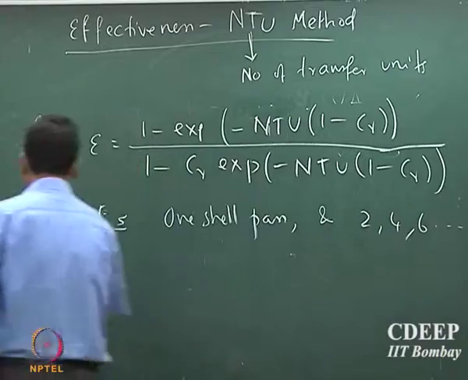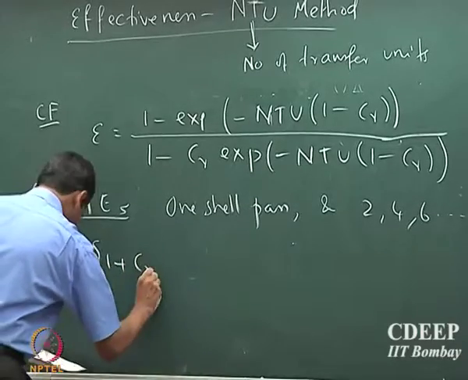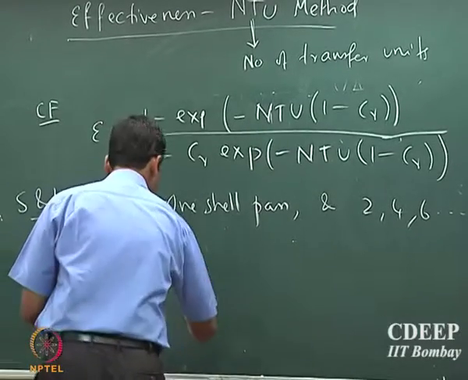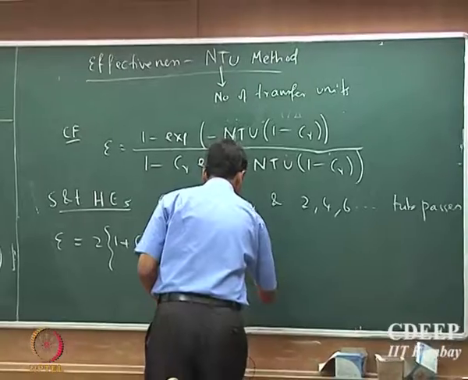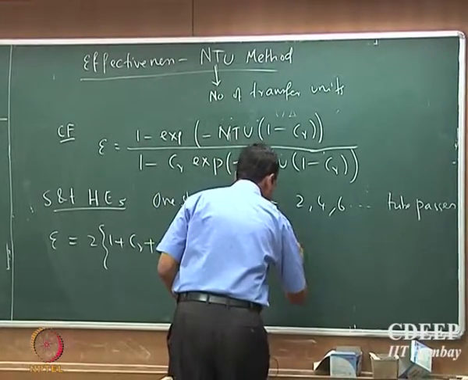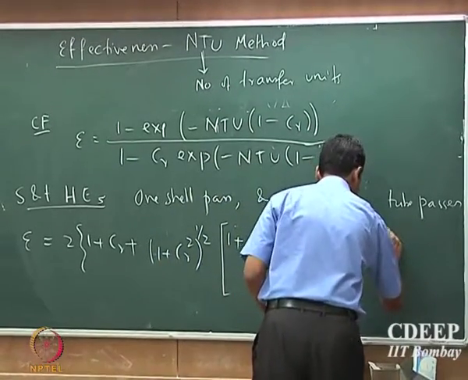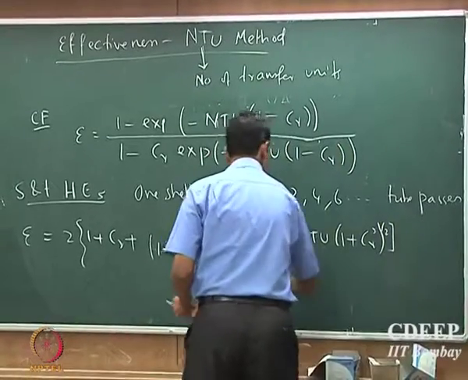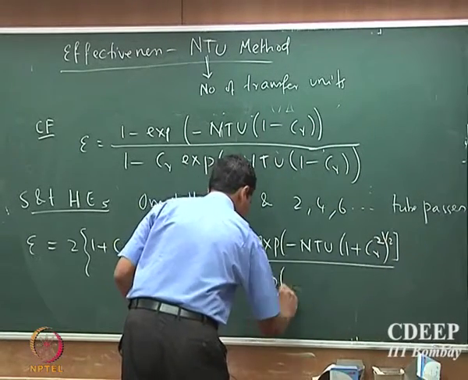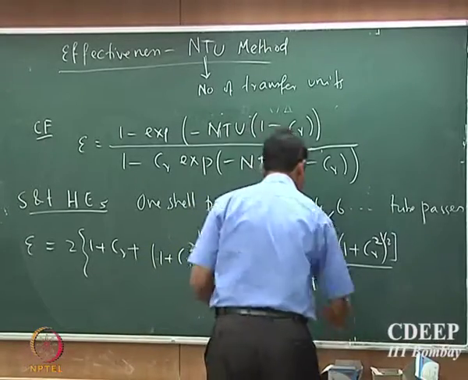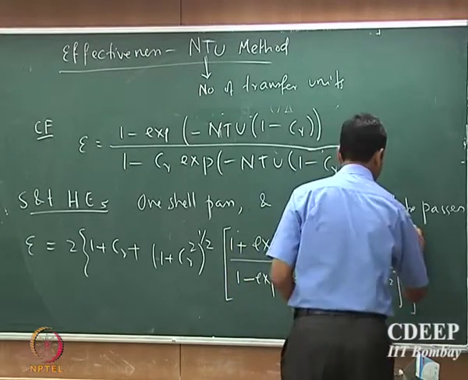Okay, so epsilon will be 2 times 1 plus CR plus square root of 1 plus CR square, into 1 plus exponential of minus NTU times square root of 1 plus CR square, divided by 1 minus exponential of minus NTU times square root of 1 plus CR square, to the power of minus 1.